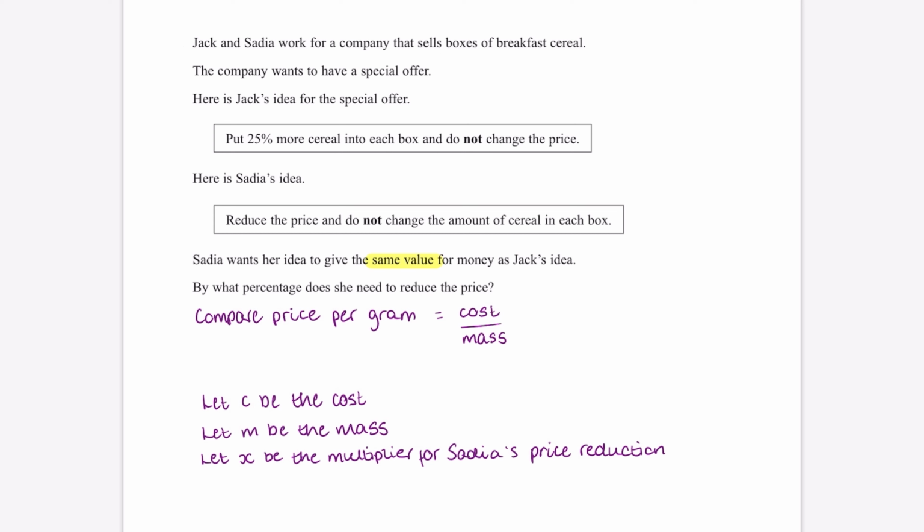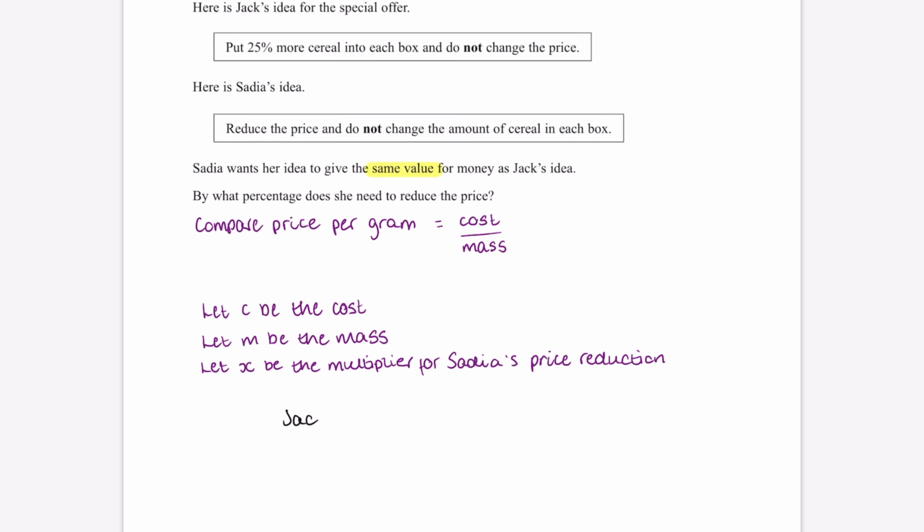So now we can start forming an equation. To start this off, we can draw a table comparing Jack and Sadia's cost of the cereal and mass of the cereal. If we start off with Jack, Jack wants to put 25% more cereal into each box.